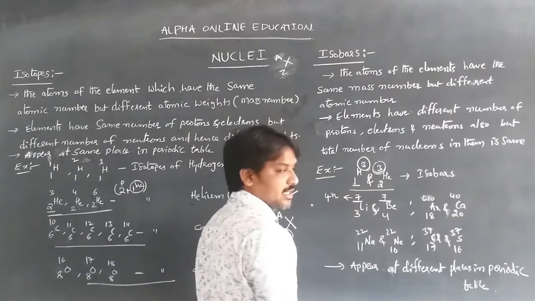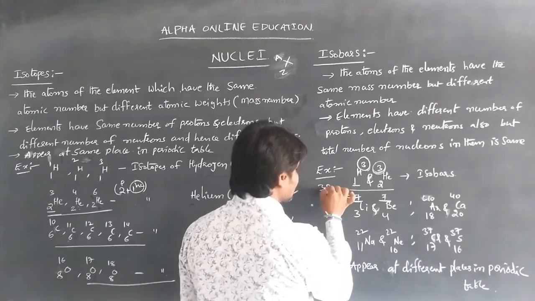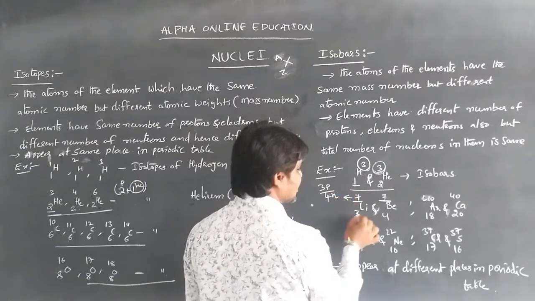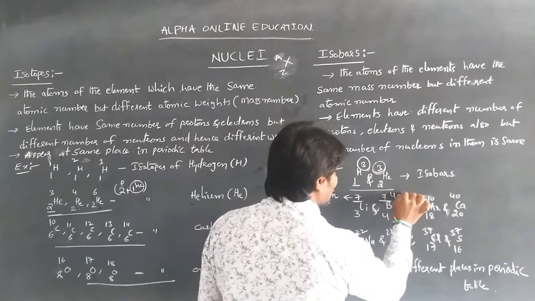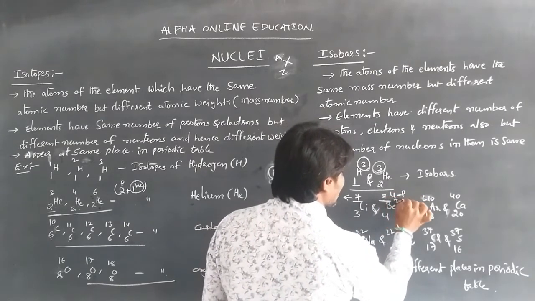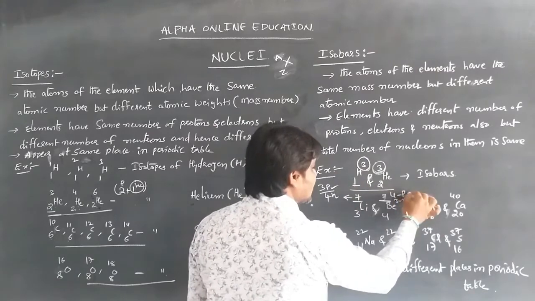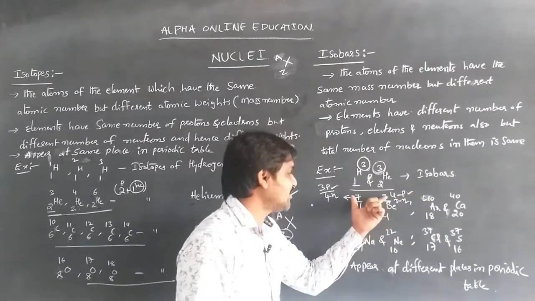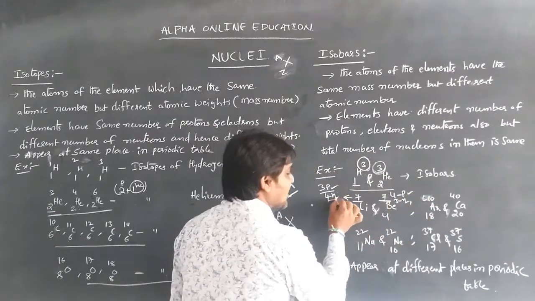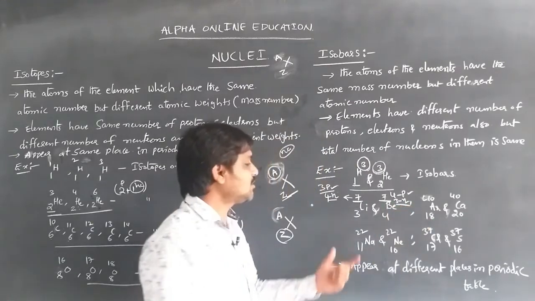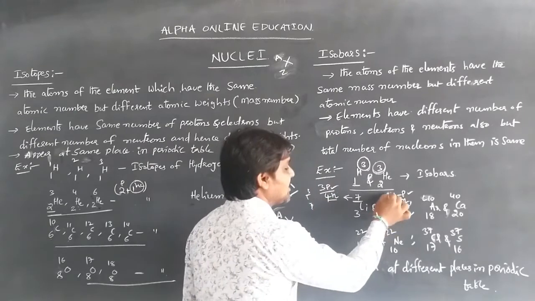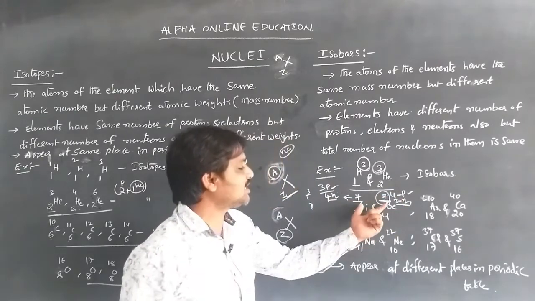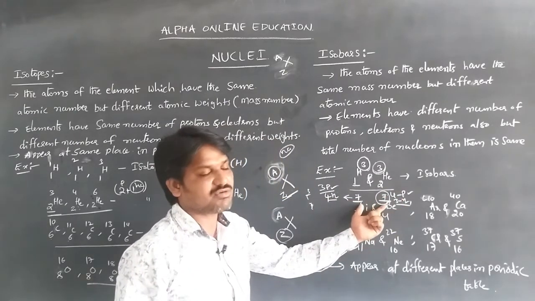So lithium has 3 protons and 4 neutrons, and beryllium has 4 protons and the remaining 3 are neutrons. The protons and neutrons are different, but 3 plus 4 is 7 and here also the total is 7, so the number of nucleons inside the nuclei is the same.